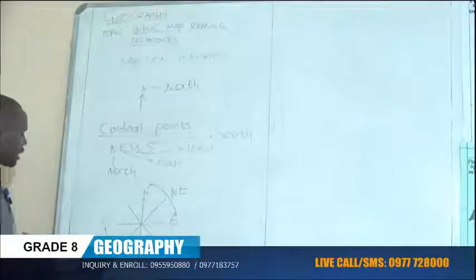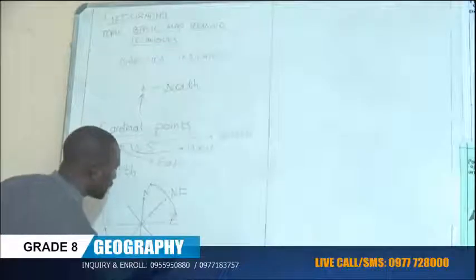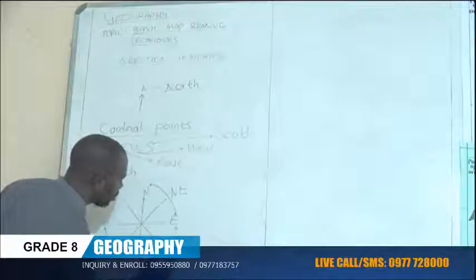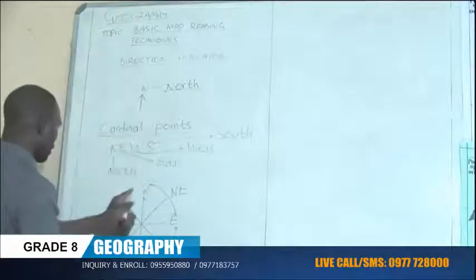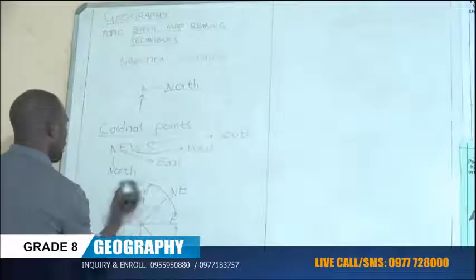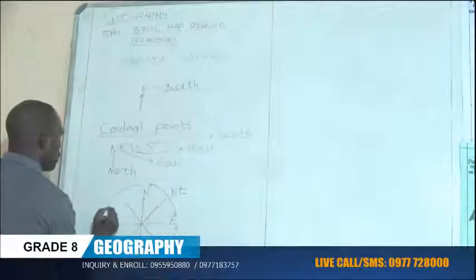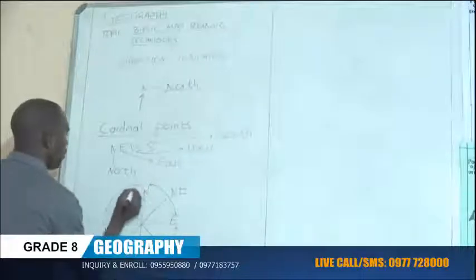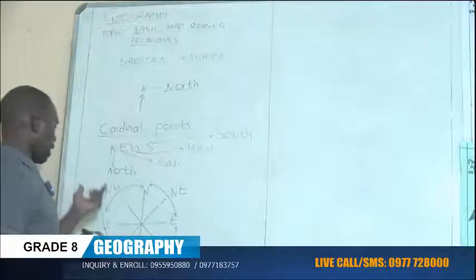So when you see things like this, don't get surprised. Again, between south and east, the point which is lying between that is called southeast, as I'm just writing here. There is another point between the northern part of the globe and the western part of it. So I'll do this. This is northwest.